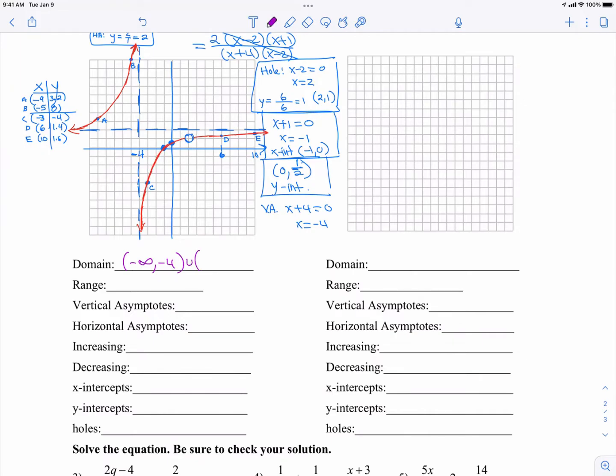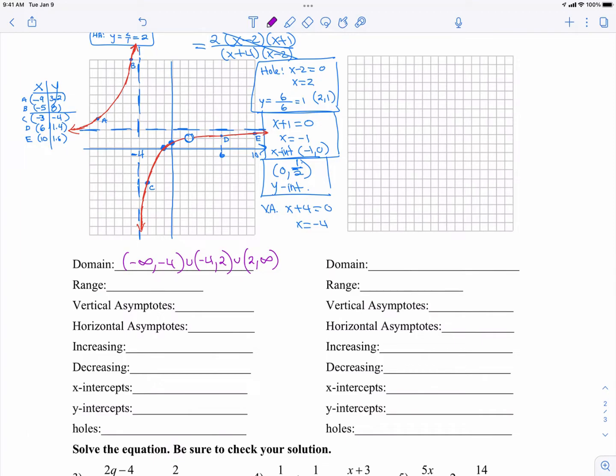So that'll be union from -4 until we get to 2, that's where the hole is. And then once we jump over the hole, we continue all the way out towards infinity. So that would be union 2 to infinity. All right, that's our domain.